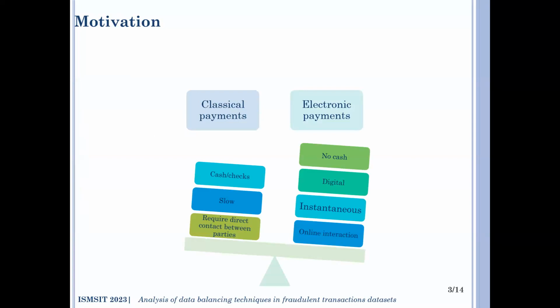And since we're trying to do everything as digital as possible, and we have less and less patience, we want everything to happen instantly. And the online interaction helps us a lot in this direction. This also gives the biggest disadvantage, so to speak, of electronic payments, which is security issues.